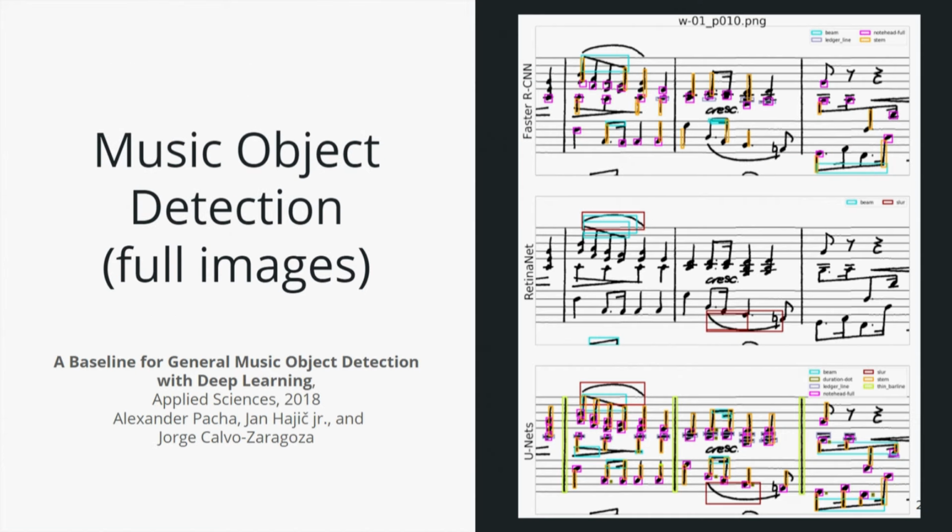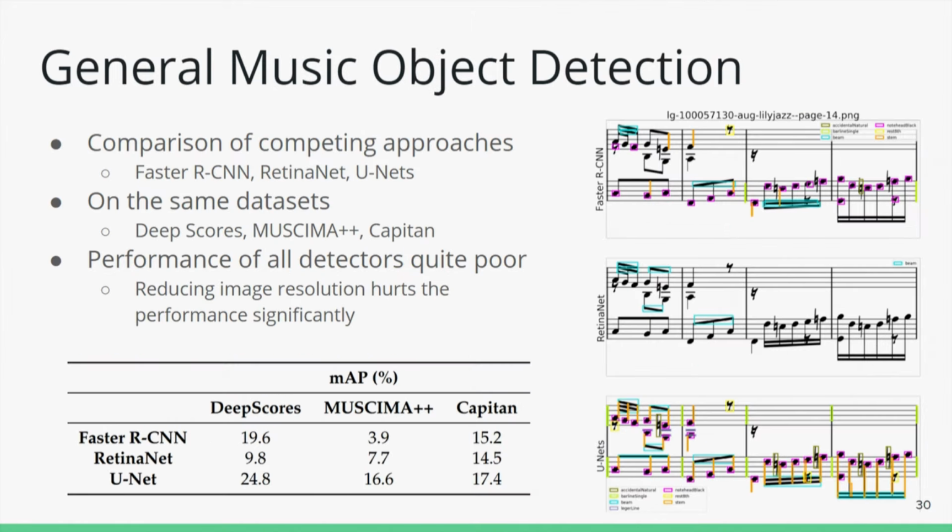Well, if it works for cropped images, let's go and detect symbols in the full score. Again, my colleagues Jan and Jorge and I tried to do exactly that, and we published our findings in the paper "A Baseline for General Music Object Detection with Deep Learning", in a journal article. What we did was we compared 3 competing approaches: Faster R-CNN, the one you've just seen, RetinaNet and U-Nets.